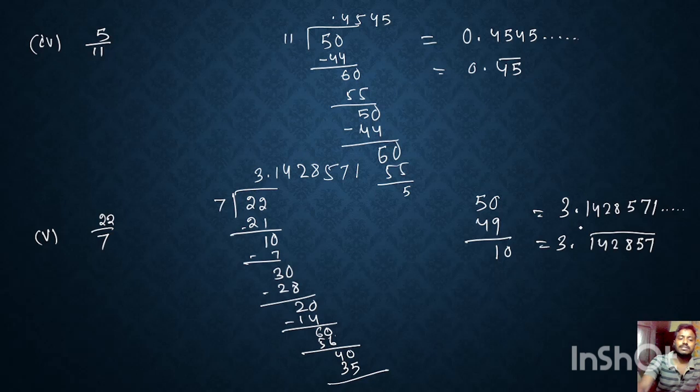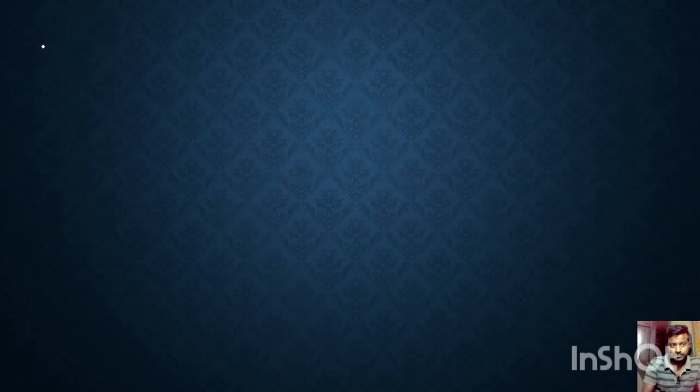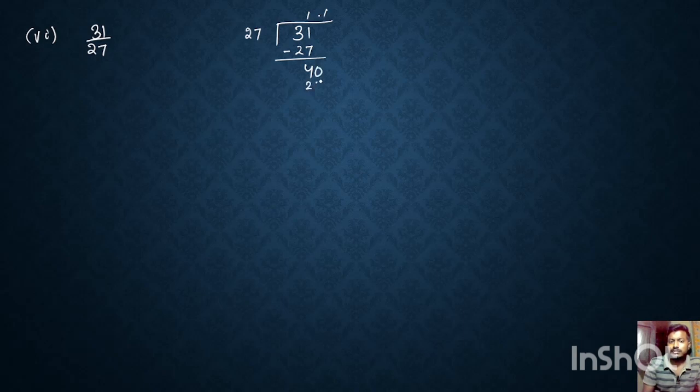Now next question. Question number BI, that is 31 divided by 27. So 27 1s are 27, that is 4, 40, 1 times 27, 13, minus 1, then 130.